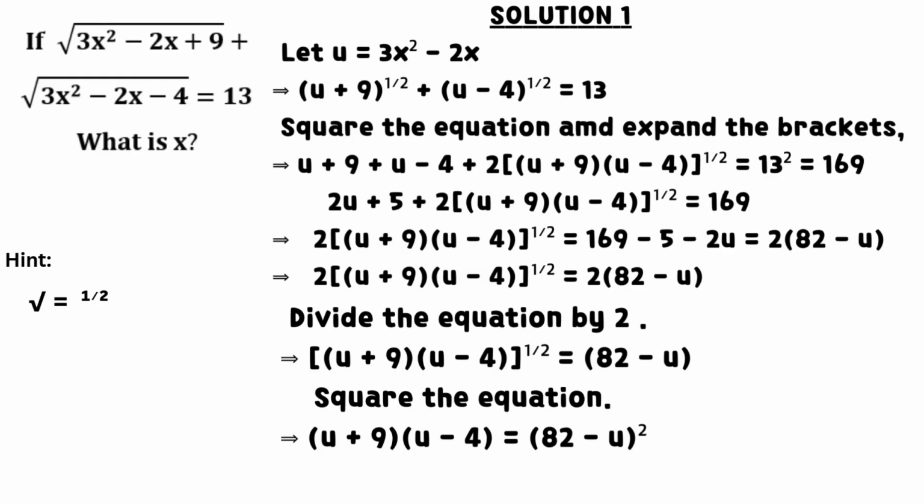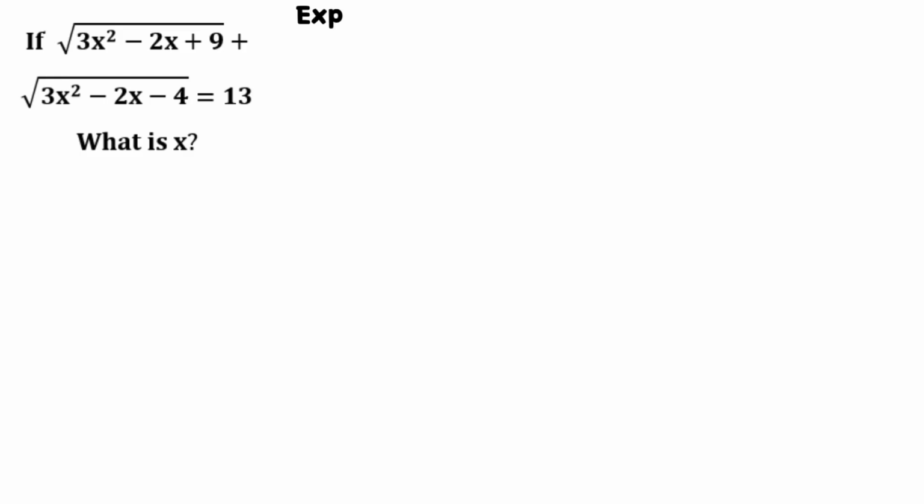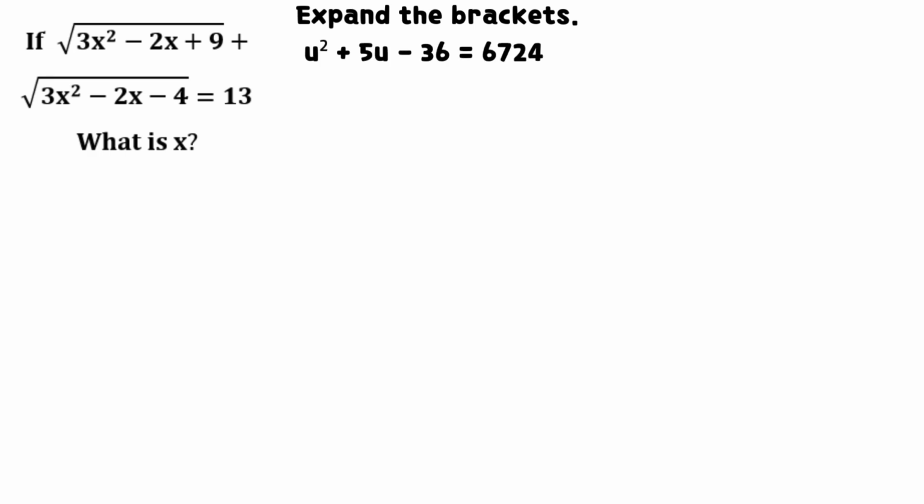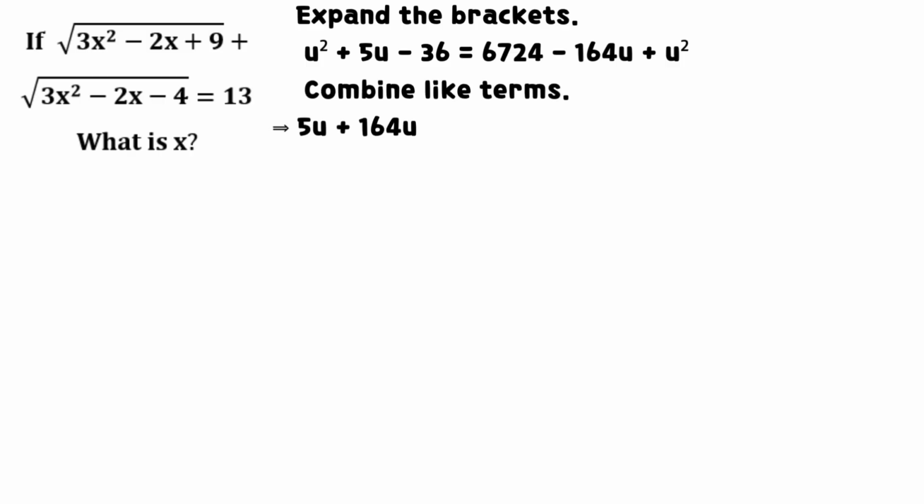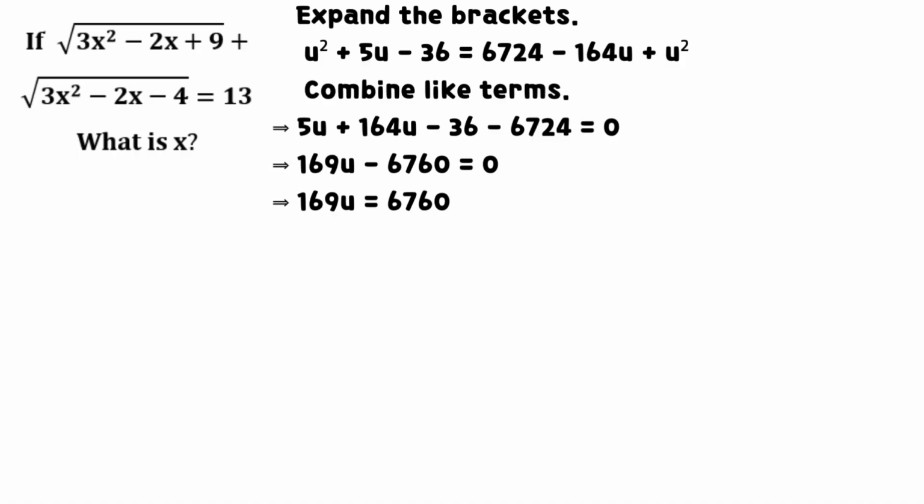Expand the brackets. That is, u squared plus 5 times u minus 36 equals 6724 minus 164 times u plus u squared. Combine like terms and simplify. We have that 169 times u minus 6760 equals 0.